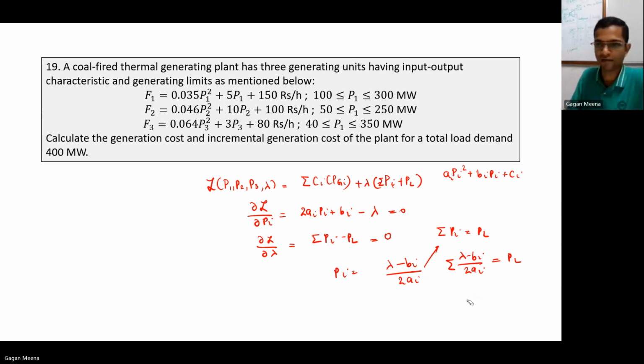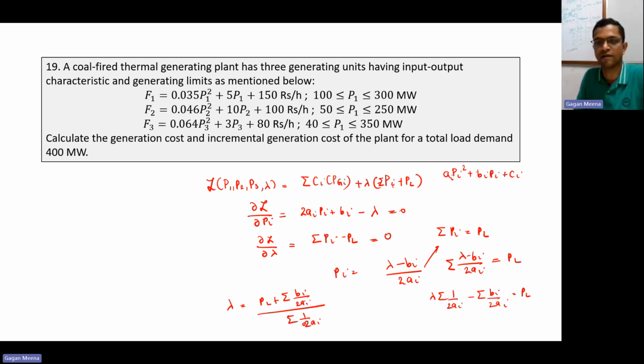Lambda times summation of 1 upon 2 a_i minus summation of b_i upon 2 a_i equals P_D. Hence lambda is equal to P_D plus summation of b_i upon 2 a_i, upon summation of 1 upon 2 a_i.